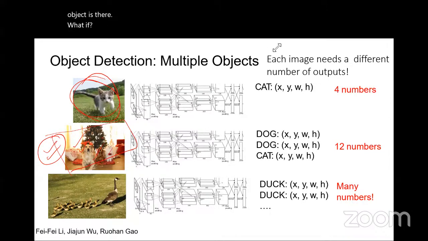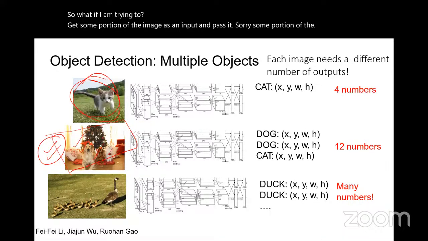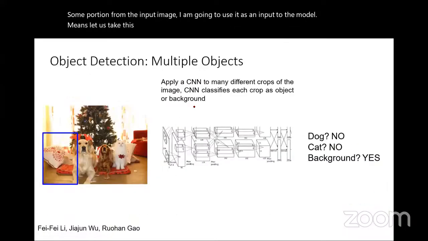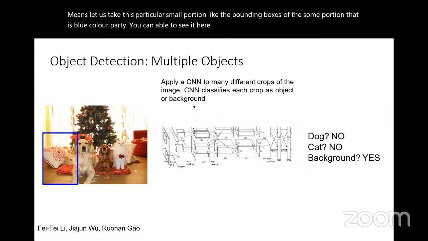What if I take some portion from the input image and use it as an input to the model? Let's take this small portion, like the bounding boxes, the blue colored part you can see here.